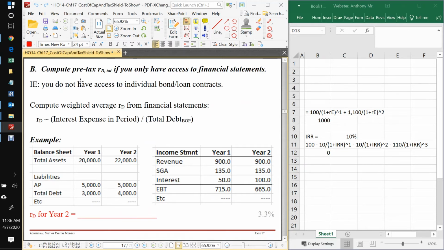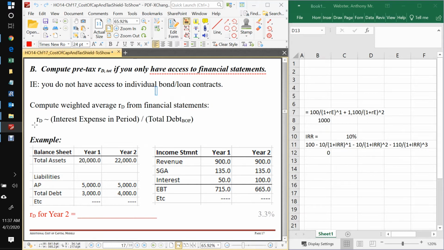Now sometimes, especially if you're going to be an equity analyst working for a mutual fund or hedge fund, you probably won't have access to all of the debt contracts of the entity, but you will, as usual, have access to the entity's financial statements. So you can still make a good estimate of the cost of debt capital.